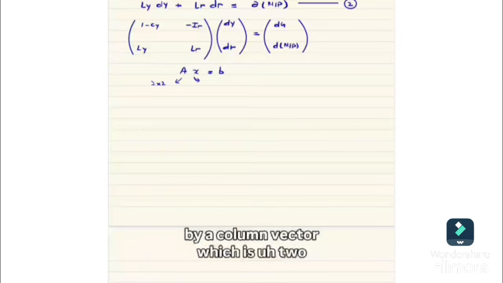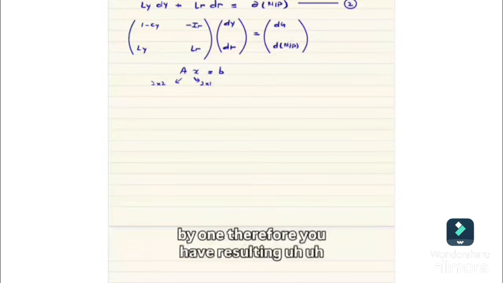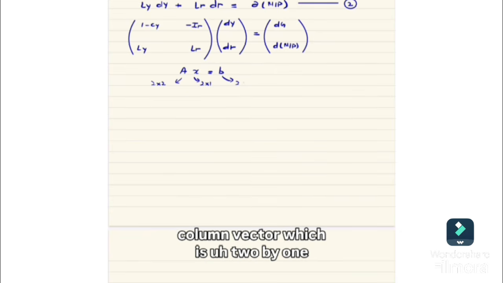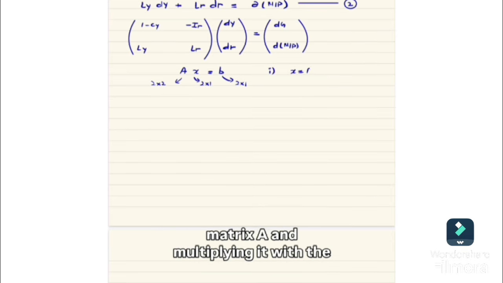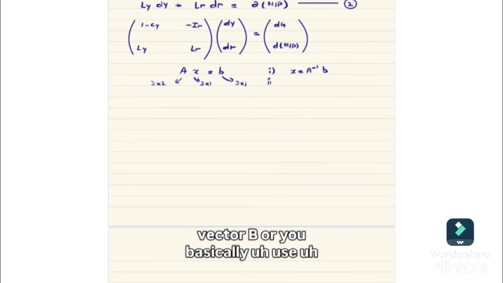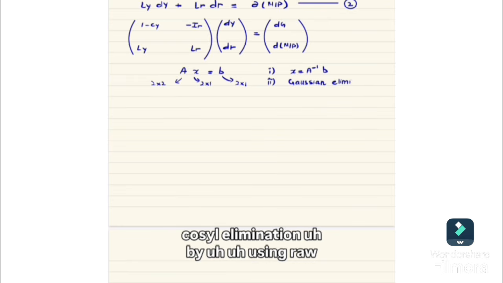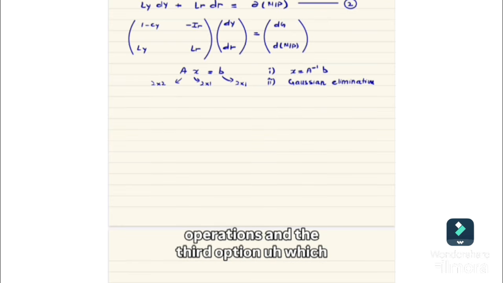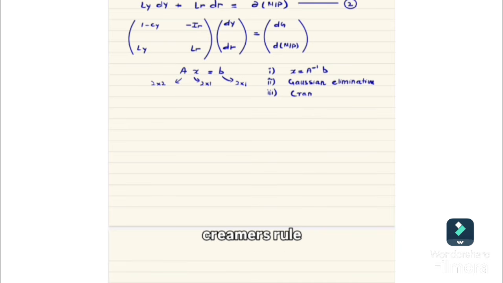Therefore you have a resulting column vector which is a 2 by 1 vector, and you can either solve this system by taking the inverse of matrix A and multiplying it with the vector b, or you could use Gaussian elimination by using row operations. And the third option, which I'm going to go for right now, is Cramer's rule. I find Cramer's rule quite efficient.